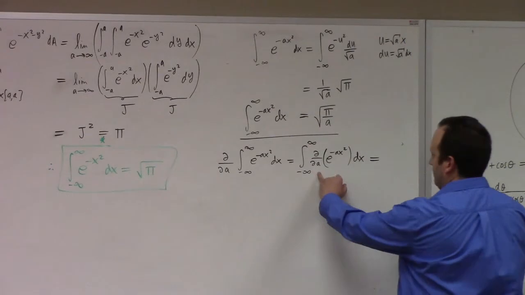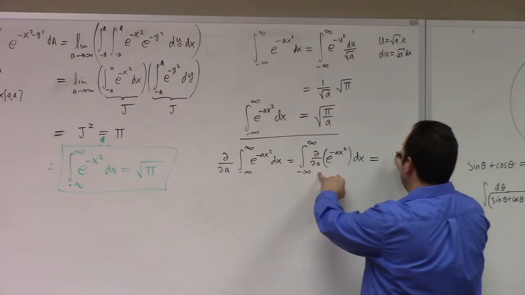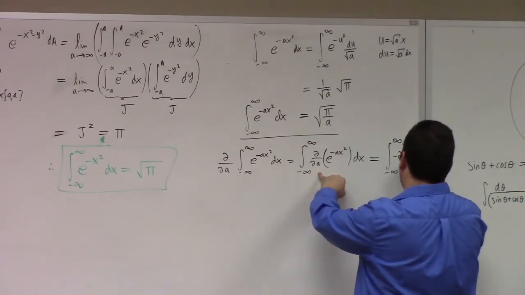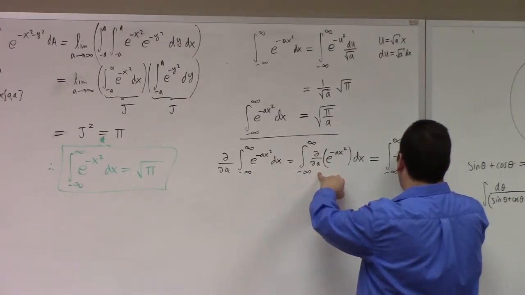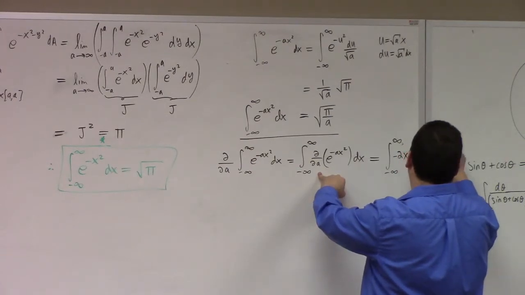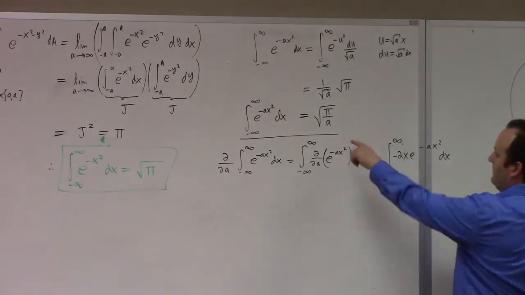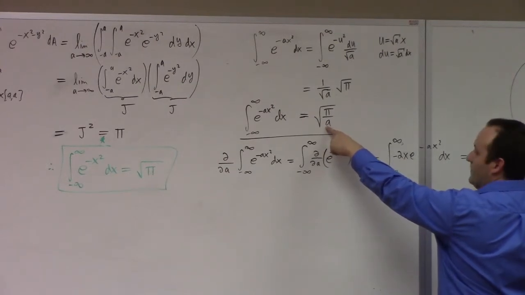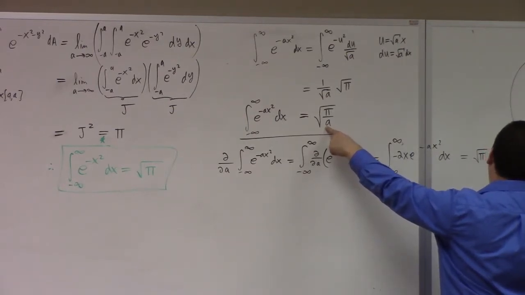Derivative of e to the minus ax squared with respect to a is what? Minus 2ax, right? Oh, minus 2x, right? Minus 2x e to the minus ax squared dx. But what's the other side? What's the derivative of this? A to the minus 1/2, a to the what? Minus 3, so it's minus 1/2, a to the minus 3/2.